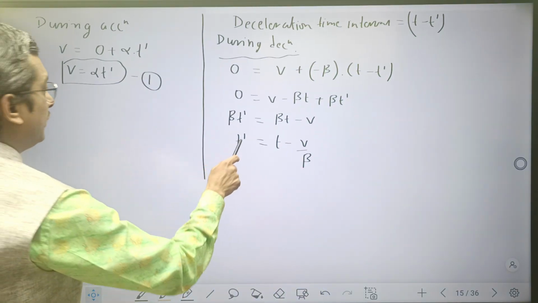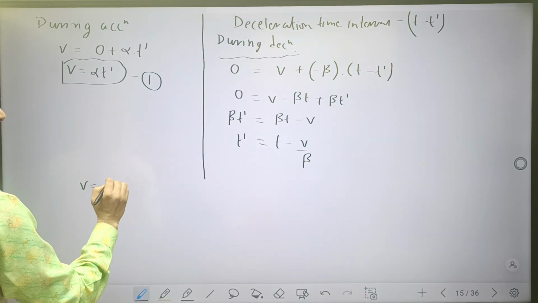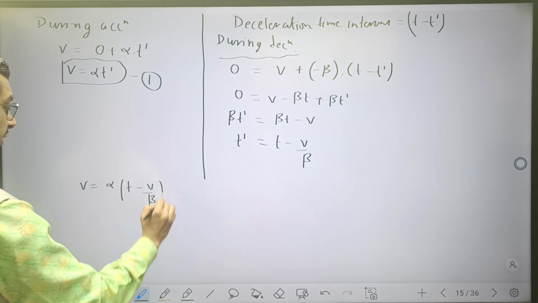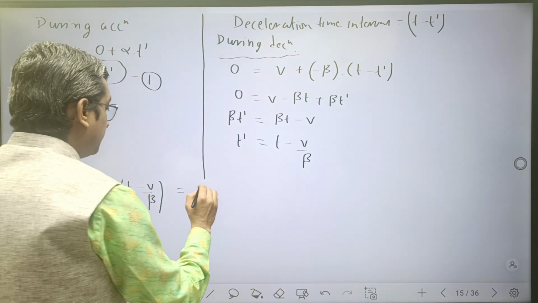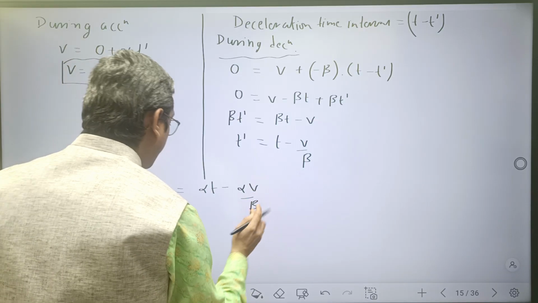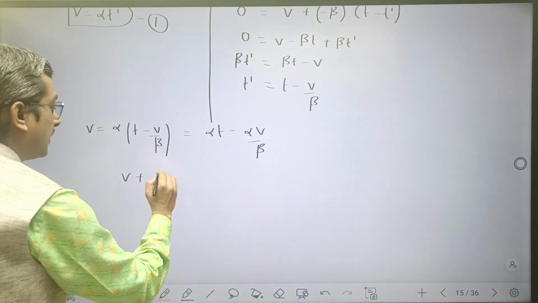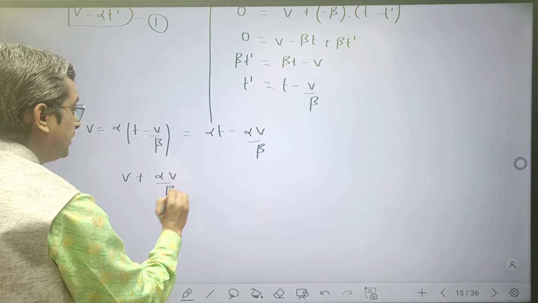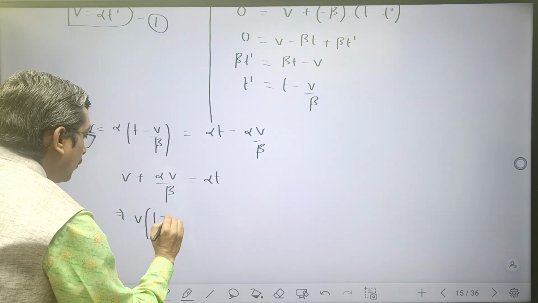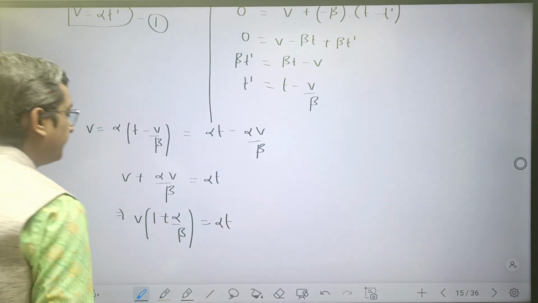Substituting the value of t dash in this expression, we get v equals alpha into t minus v by beta. Opening the bracket, this is alpha t minus alpha v by beta. Taking it to the left side, we have v plus alpha v by beta equals alpha t, which implies v into 1 plus alpha by beta equals alpha t.